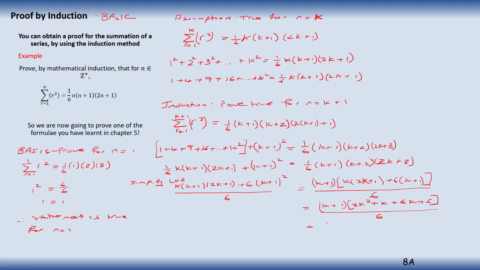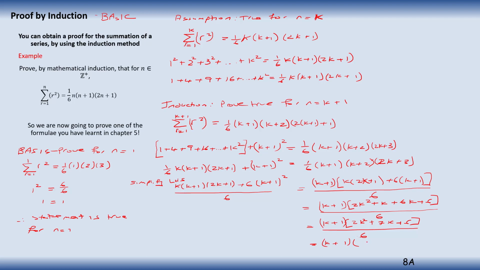Which is equal to k plus 1, square brackets, 2k squared plus 7k plus 6, which I can factorize. I'm running out of room fast. K plus 1, let's put that in brackets. And if I factorize that, I get 2 and 3.